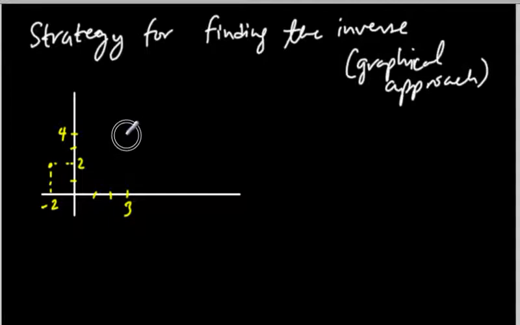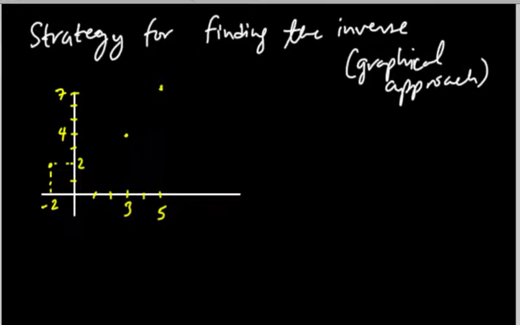Let's say I have one more point at 5, 7. So this is 5, and that's 7, and that point is right there.